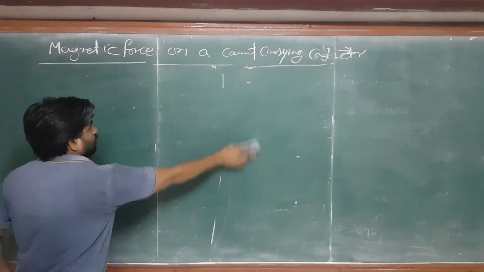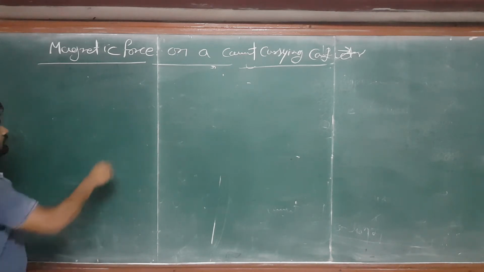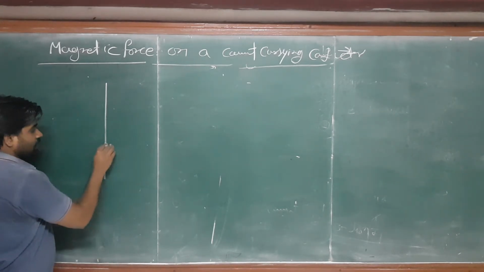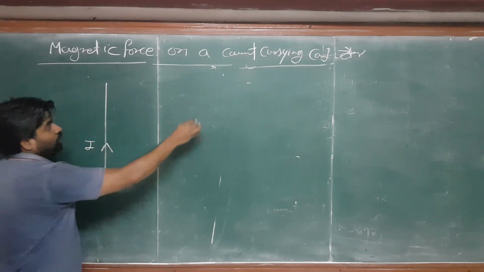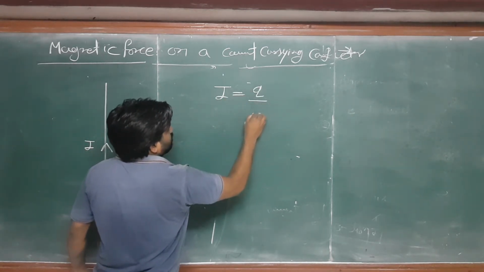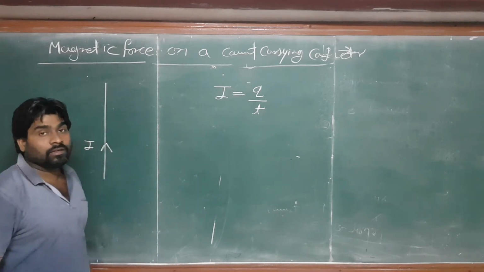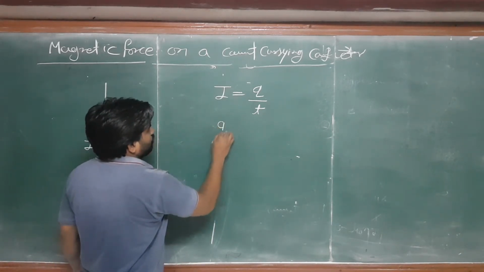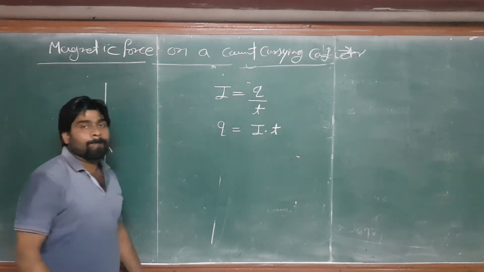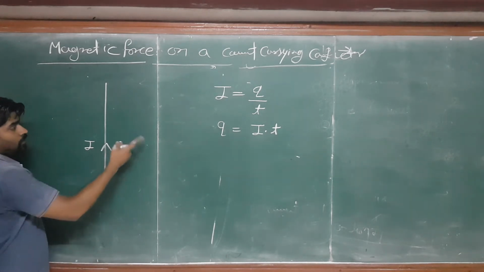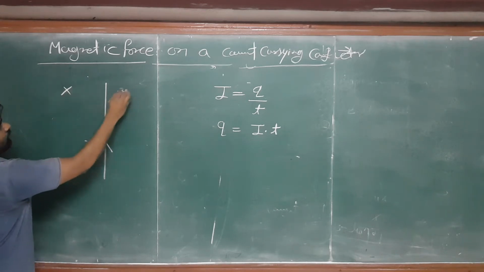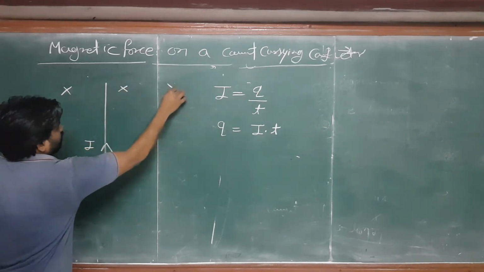As we know, a current carrying conductor, like this straight wire, is carrying the current I, and we know I is equal to Q by T, and this Q is equal to I dot T. And if this current carrying conductor is inside the magnetic field, I am drawing the magnetic field here.